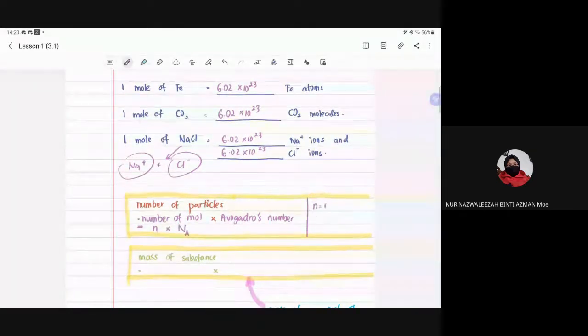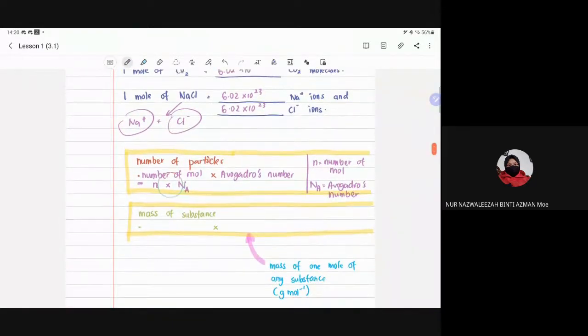N, number of mole. Na is Avogadro's number. So this is the first formula. If you want to calculate the number of particles, it is equals to N multiplied by Na.